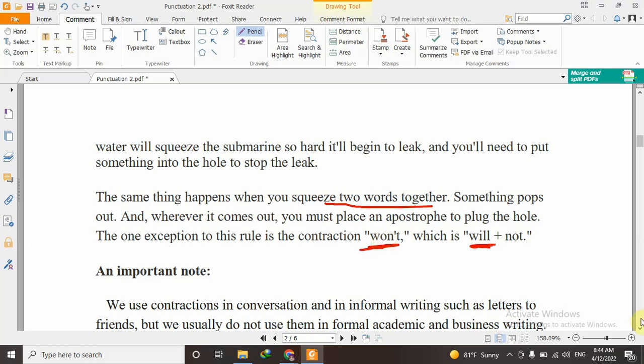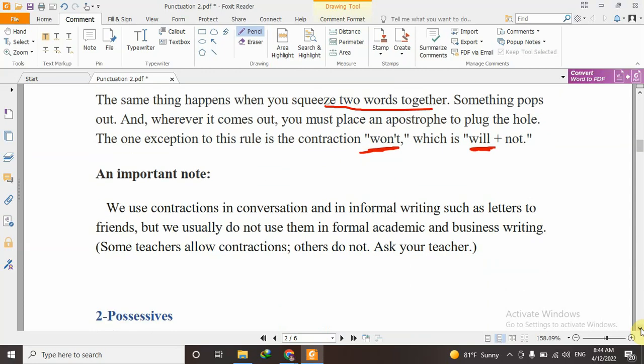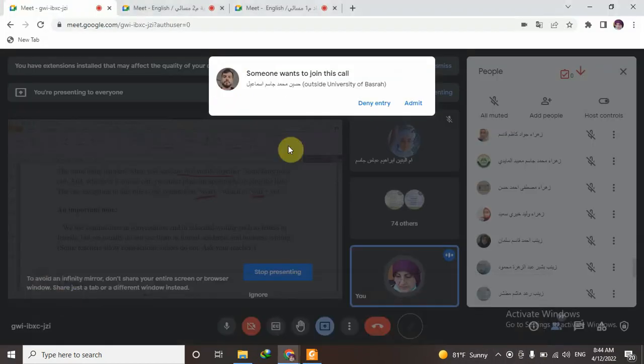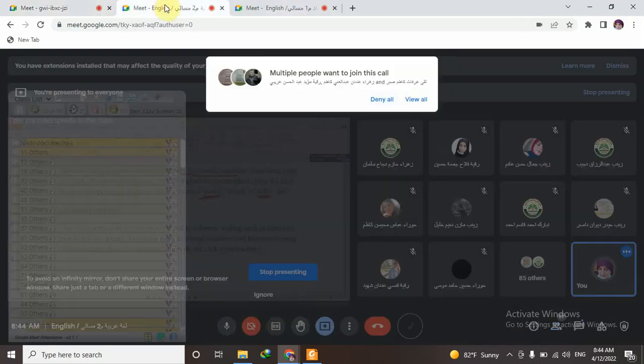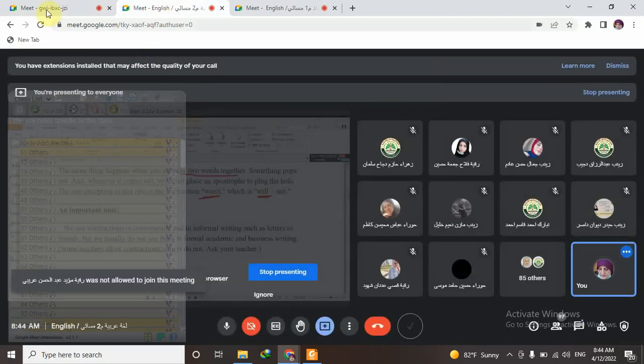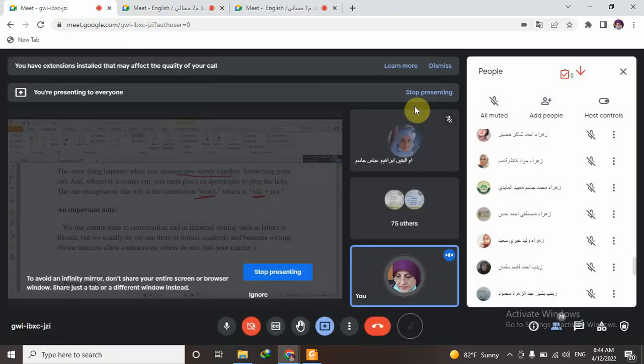Now, there is one important rule you have to know. The contractions or the abbreviations, as most of the time are said by the teachers, are used in the spoken form, and are not allowed in the written form. In writing your composition, you cannot use the contractions without asking the permission of your teacher.